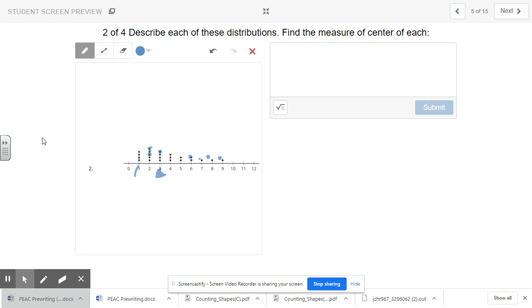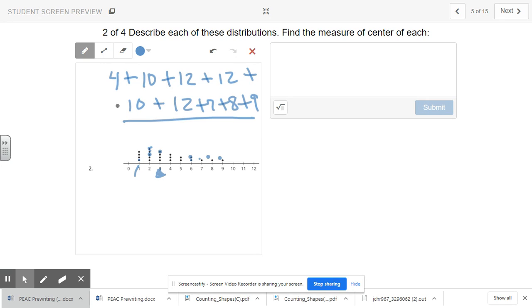You can do it the way that you know, which is adding up four ones plus, what do I have? 5 twos, which is 10, plus 4 threes, which is 12, plus 3 fours, which is 12, plus 2 fives, which is 10, plus 2 sixes, which is 12, plus a 7, plus an 8, plus a 9, and then I would add all those up.